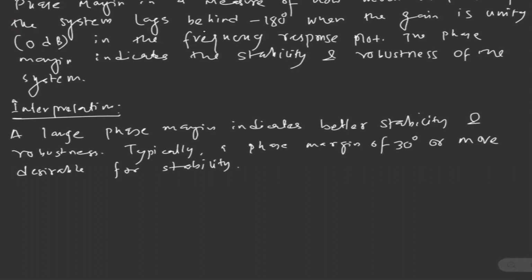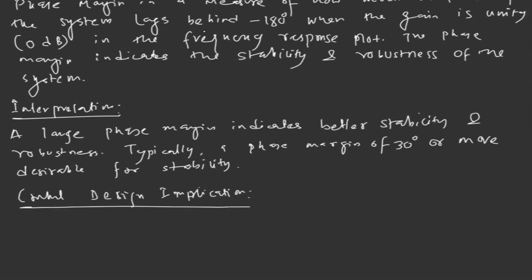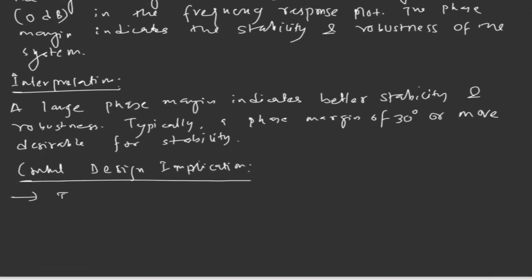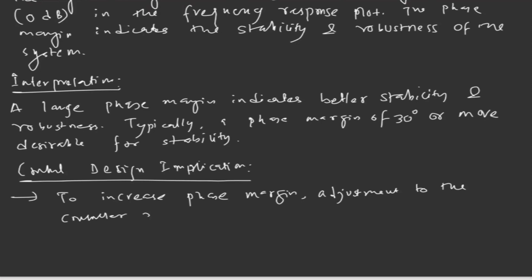And control design implication. To increase phase margin in the system, phase margin adjustment to the controller or the system or system dynamics can be made.